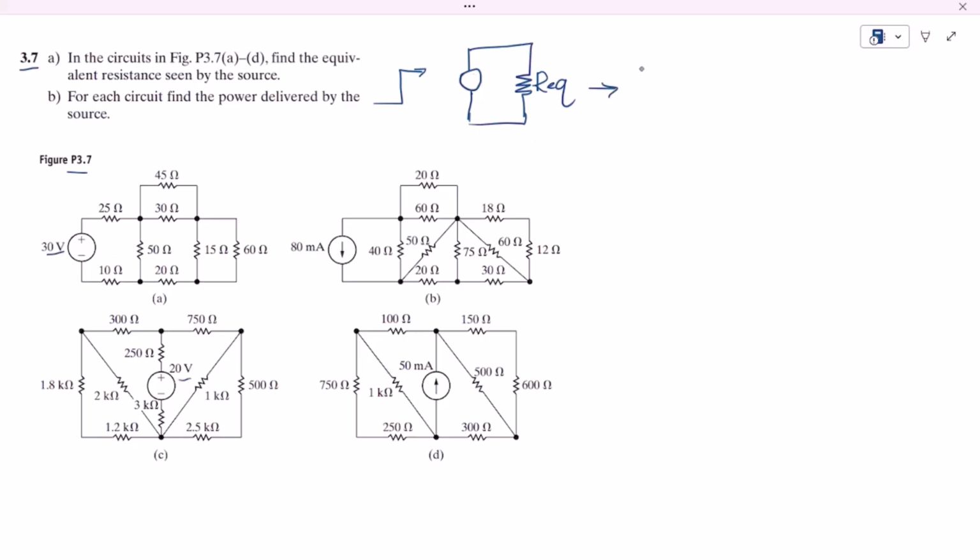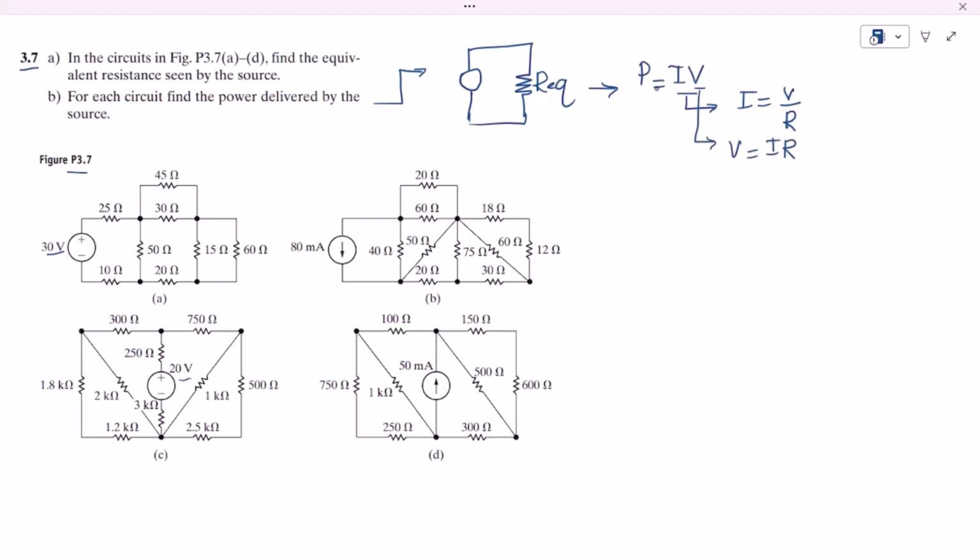By applying the formula P equal to IV, you can find the power here. Because this will be a single source and a single resistor, the power supplied will be equal to the power consumed. So either you can put I is equal to V by R, or if there is a voltage source, you will put V is equal to IR.